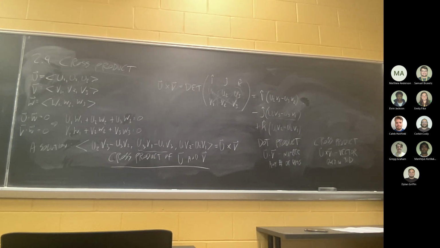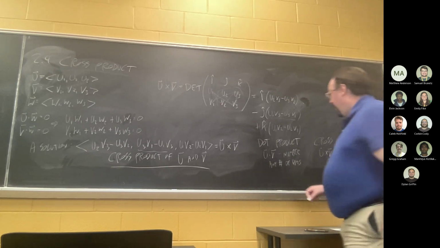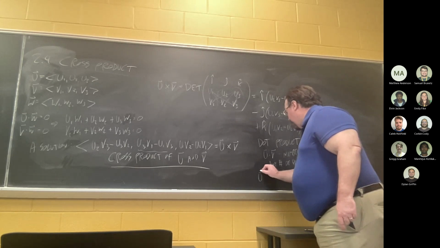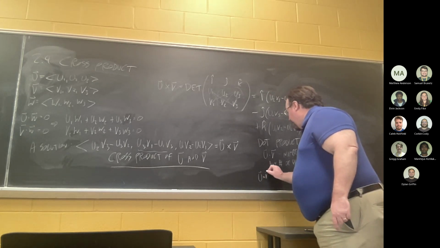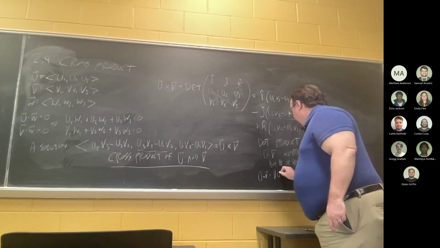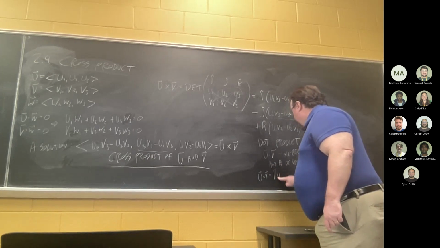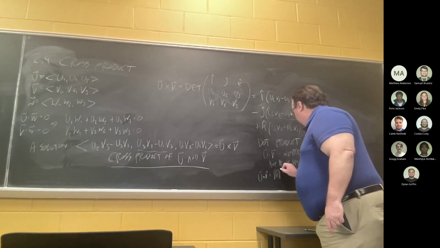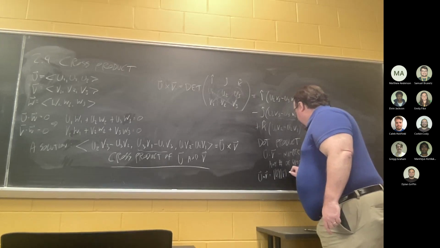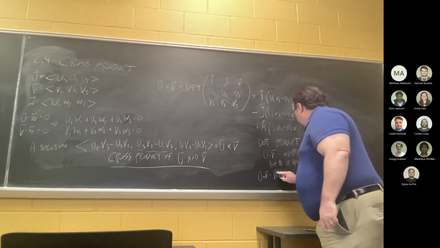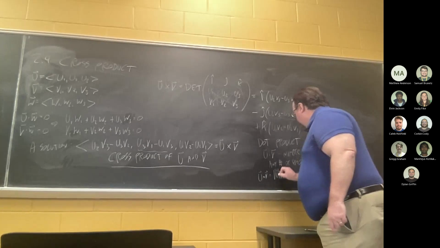Both products have relevant formulas that involve trig functions. For dot product, we saw that the dot product of u and v is equal to the magnitude of u times the magnitude of v times the cosine of the angle between them.